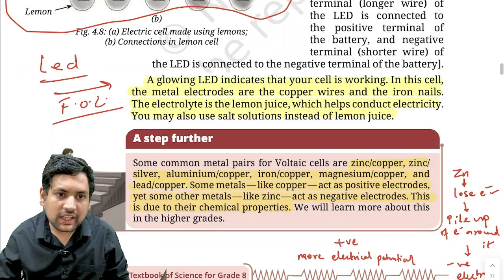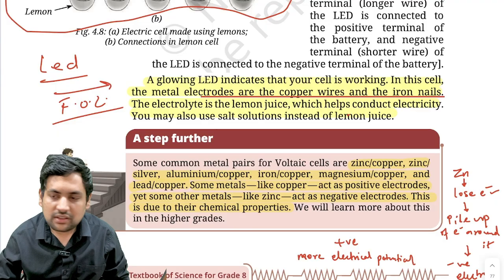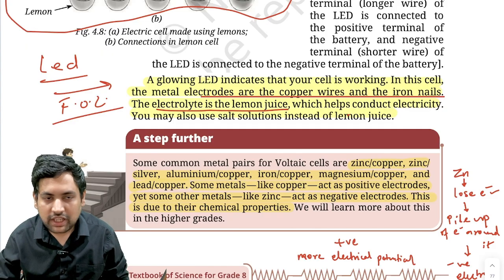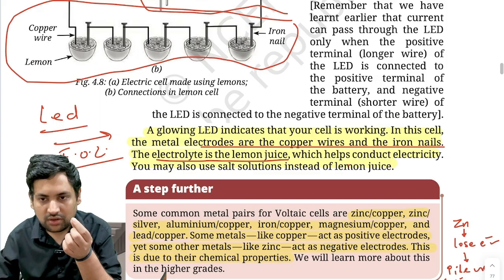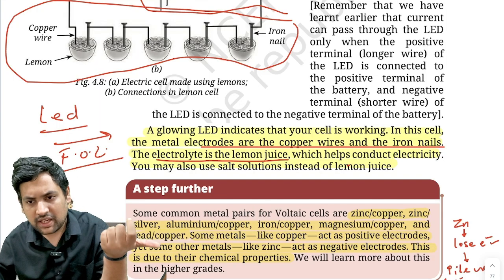A glowing LED indicates that your cell is working. In this cell, the metal electrodes are the copper wires and the iron nails, correct? The electrolyte is the lemon juice, correct? What is lemon juice doing here? It is allowing the passage of ions, correct?